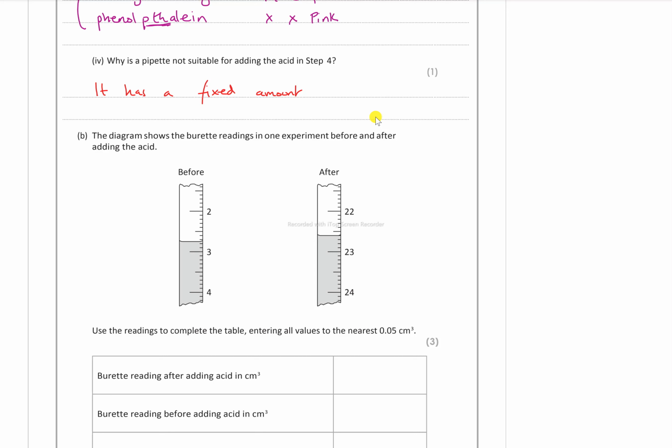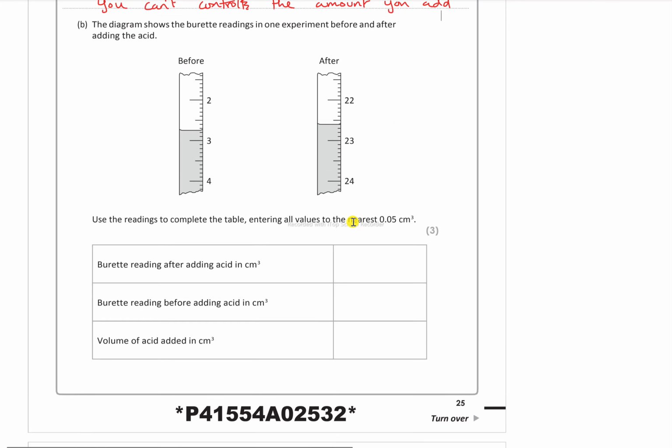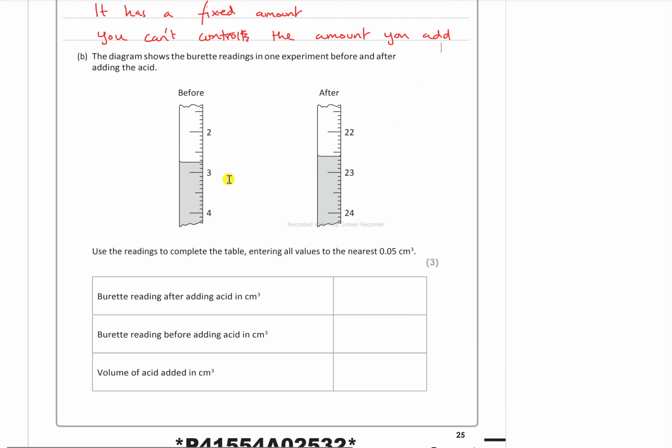So you can't control the amount you add. It's harder to control it, that's what they say. Right, these cause me a lot of headache because I end up misreading these.